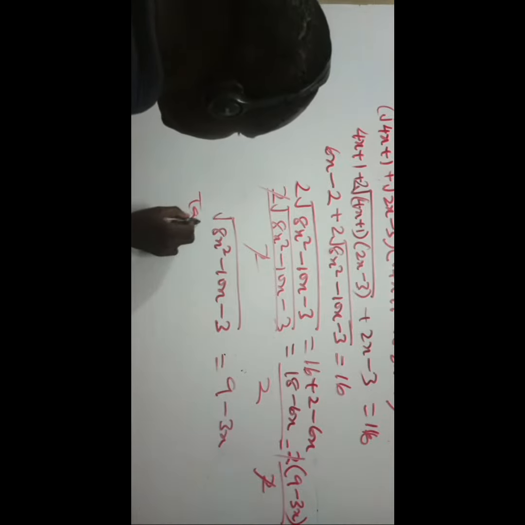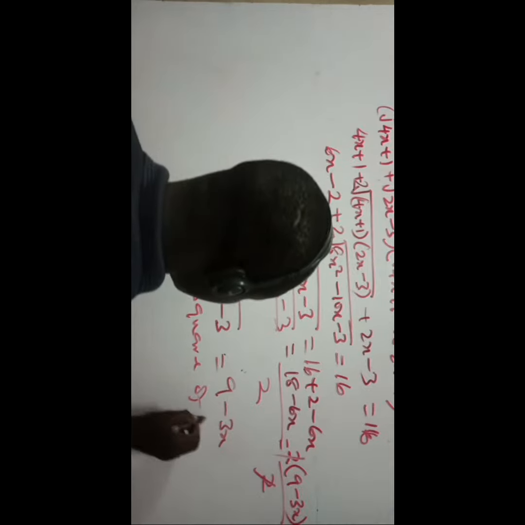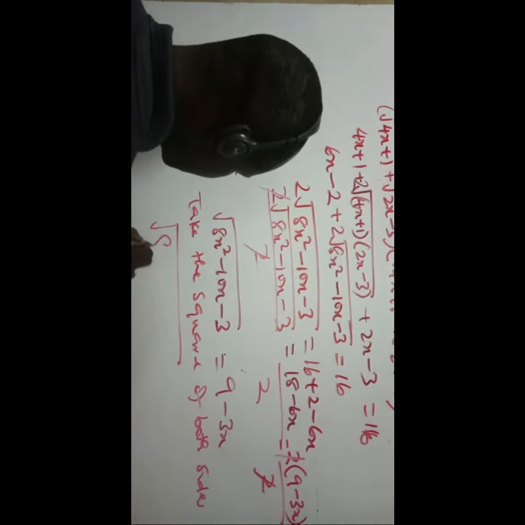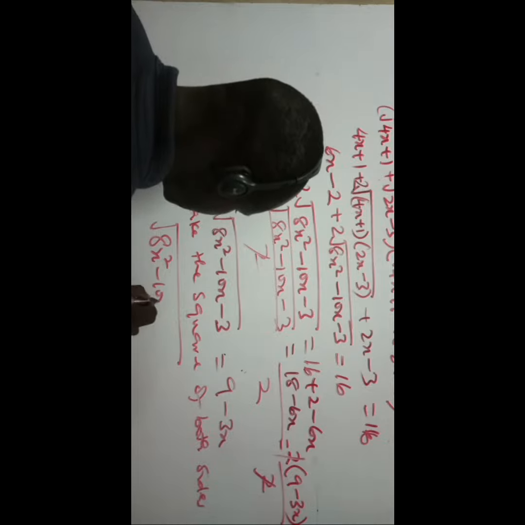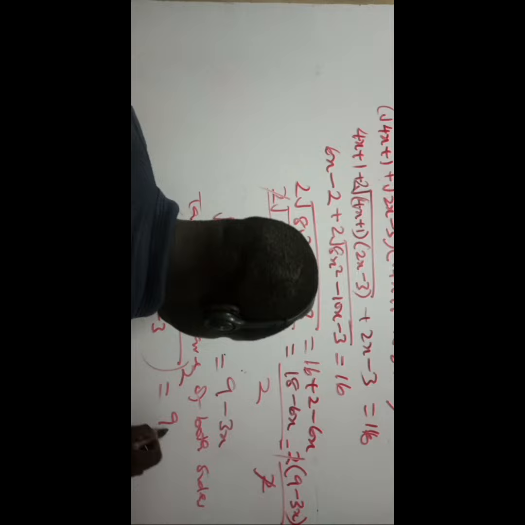So I can take the square of both sides now. If I do that, then I'm going to have square root of 8x squared minus 10x minus 3 all squared to be equal to 9 minus 3x all squared.